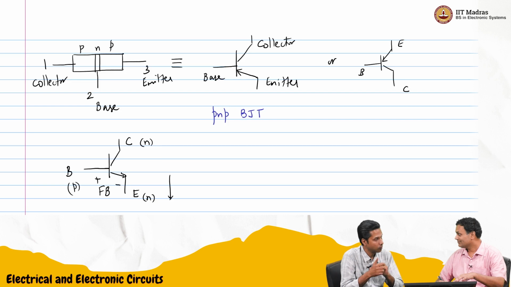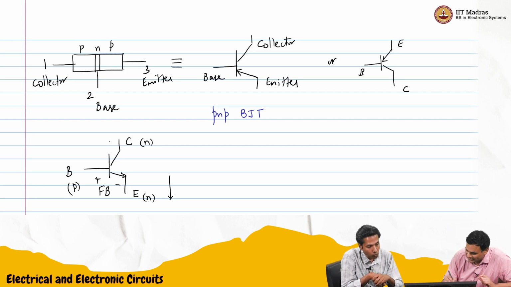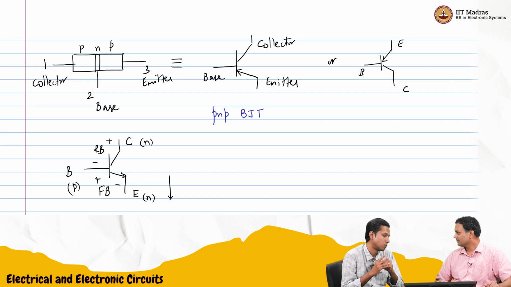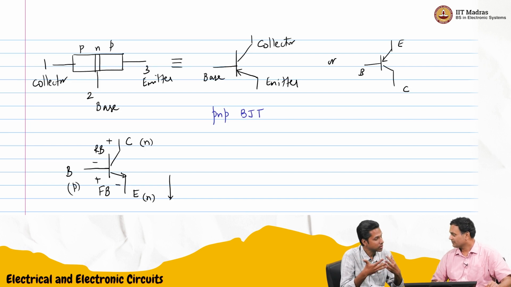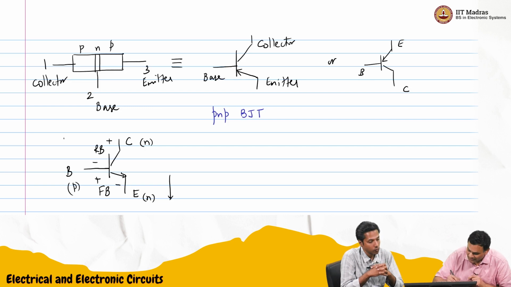The collector base junction, because they look like 2 back-to-back junctions. So this junction is reverse biased. How will we reverse bias this? Externally you will have to apply voltages to collector, base and emitter such that the collector base junction is reverse biased and the base emitter junction is forward biased.